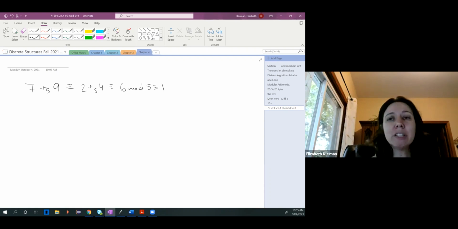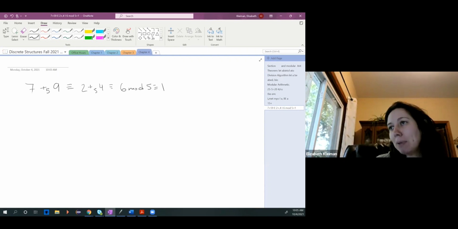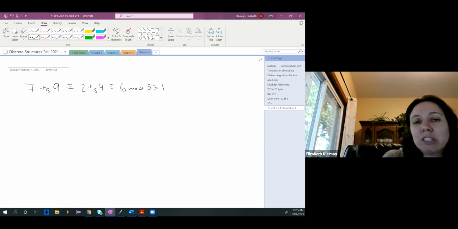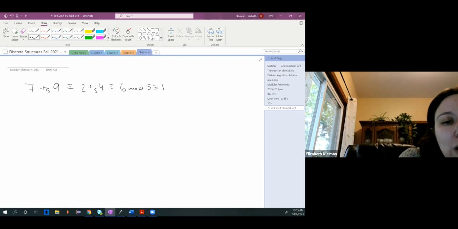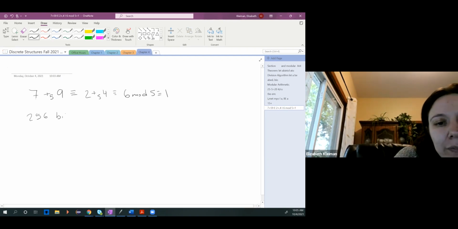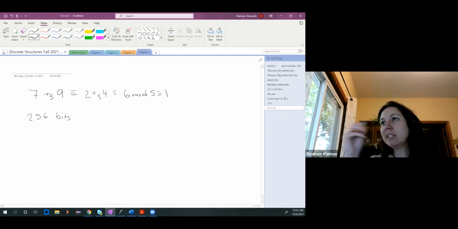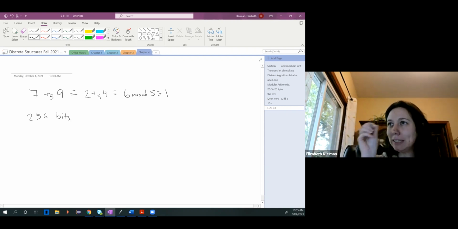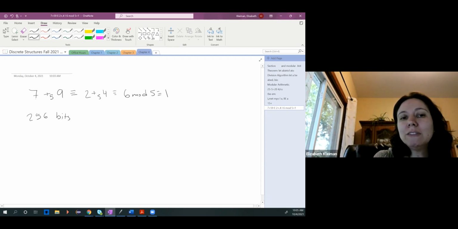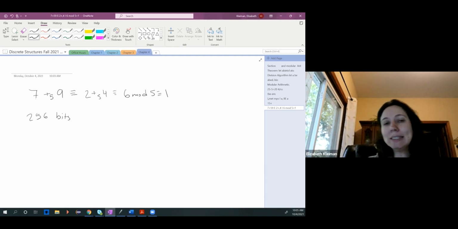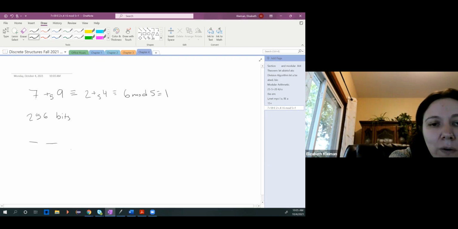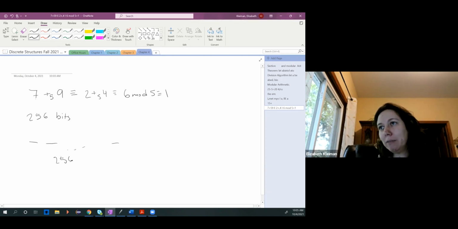However, if you have ever dealt with C, C++, or Java, you would know that most integers must fit into 256 bits. What is a bit? Remember our bit strings? Our bit strings are 0s and 1s combined together, right? So a 256-bit string means I literally only have 256 spaces out here.